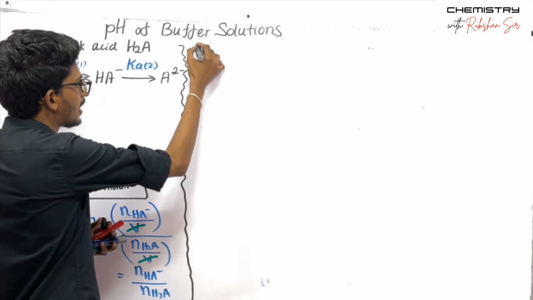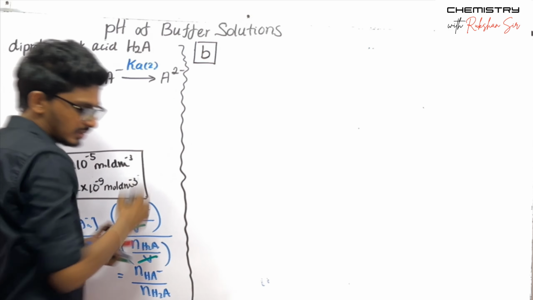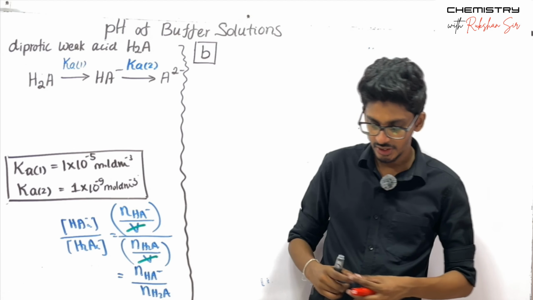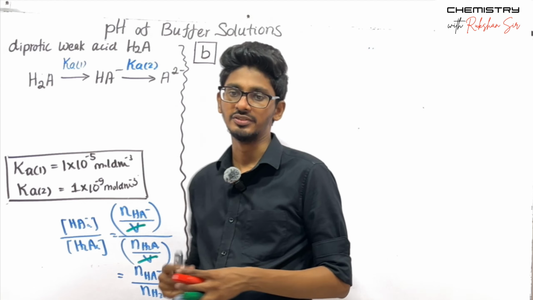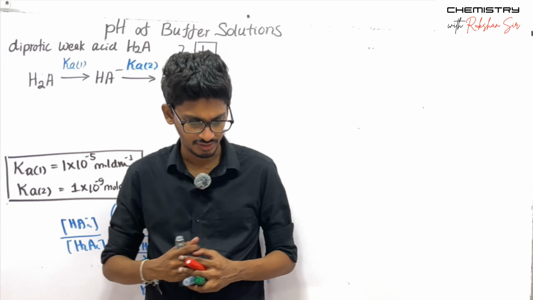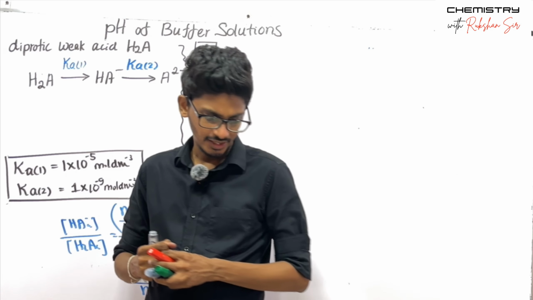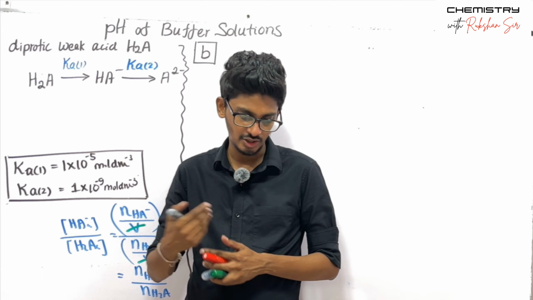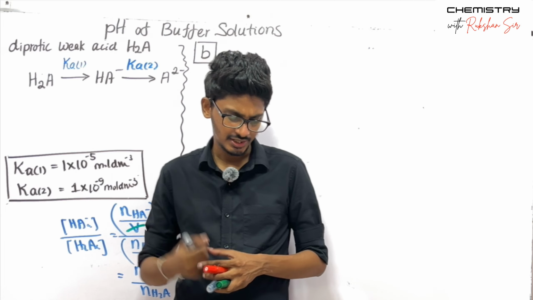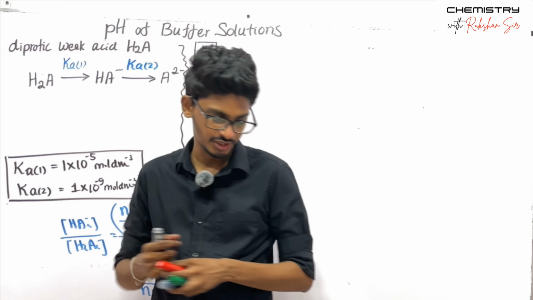What are they asking in part B? See, it's like this. To produce a buffer solution with pH 8.5, find out the mass of Na2A which should be mixed with 100 cm3 of 0.1 mol NaHA solution.